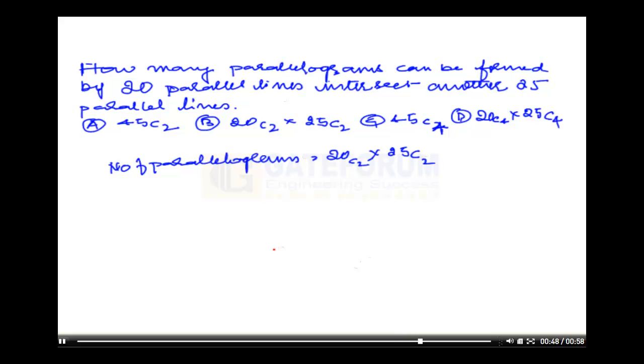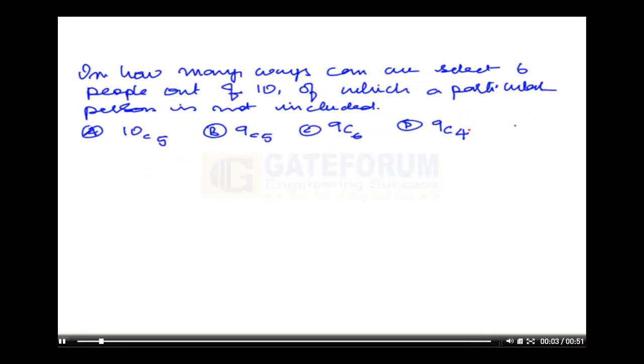Therefore the number of parallelograms would be equivalent to 20C2 into 25C2.